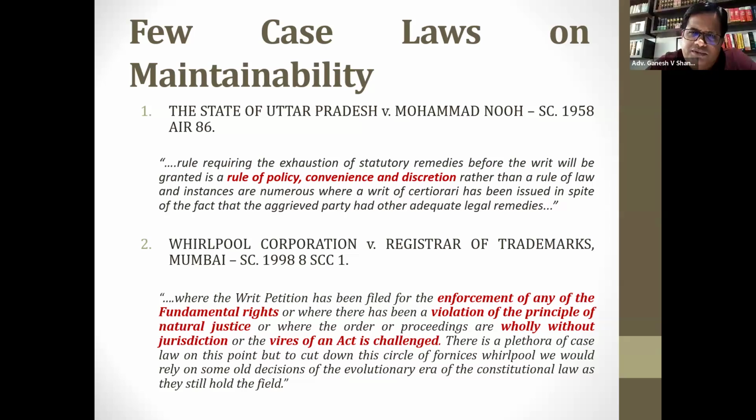This is in the context of the certiorari writ, but as I said already, it's a discretionary power of the courts, and it is the rule of policy, convenience, or discretion of the court to decide whether this matter is to be admitted under 226 or not. So this has been referred to subsequently by many people and is considered by the courts while admitting petitions.